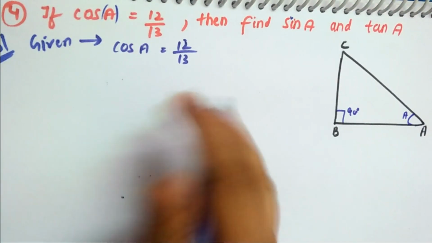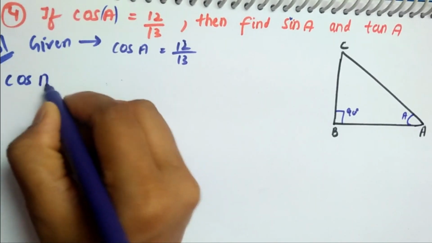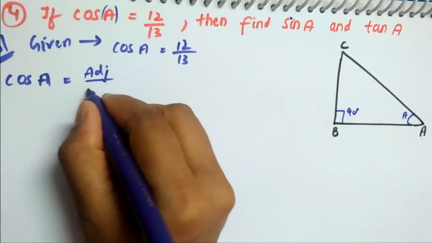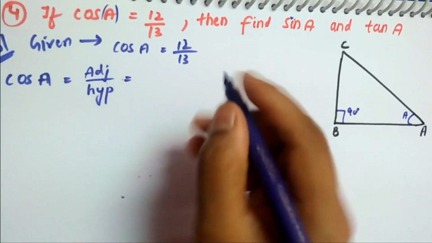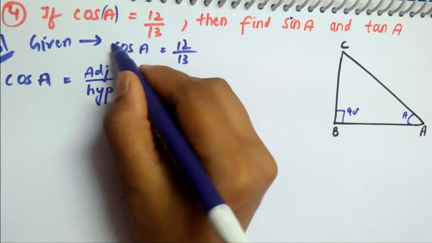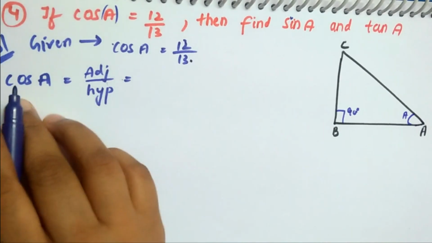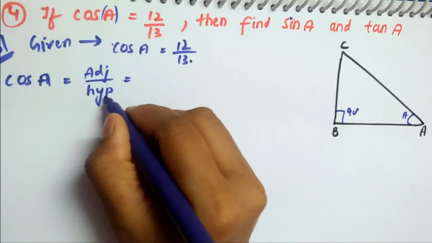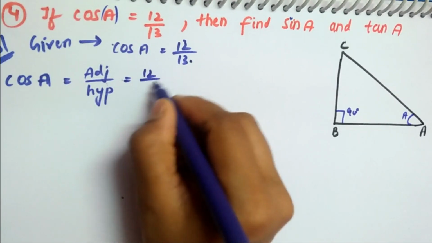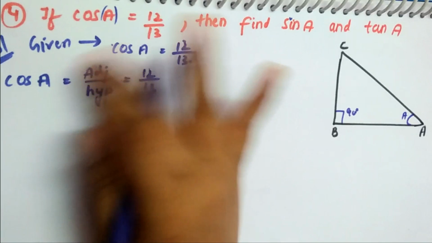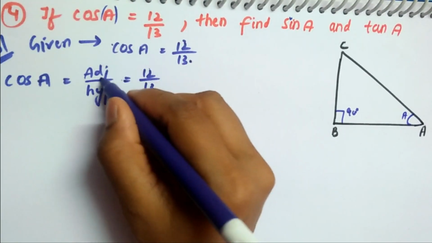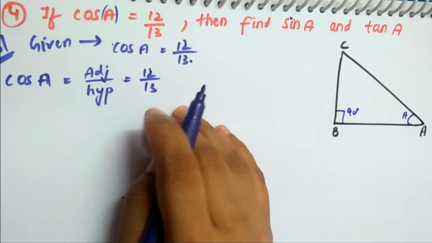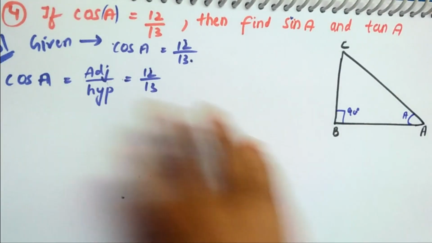So, what is the cos A formula? Nothing but adjacent by hypotenuse, right? That means given is 12 by 13. The formula cos A is adjacent by hypotenuse, means adjacent by hypotenuse is equal to 12 by 13. From here, we know this ratio is of the adjacent.